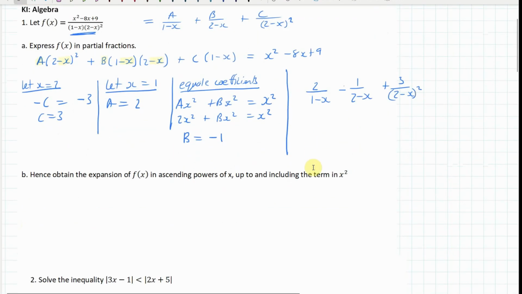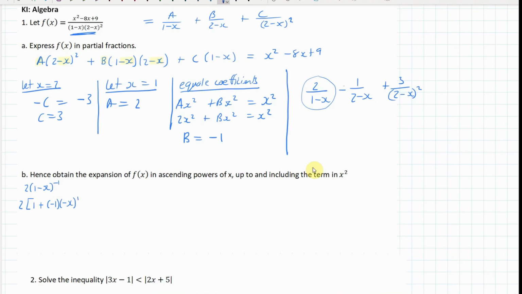Now, hence obtain the expansion of f(x) in ascending powers of x. Okay. So this one's nice and easy, so we'll do this part first. We can rewrite that as 2 into 1 minus x all to the power of negative 1. And we can expand that as 2 into 1 plus, now we take the power, negative 1, we multiply it by negative x, that's just to the power of 1.